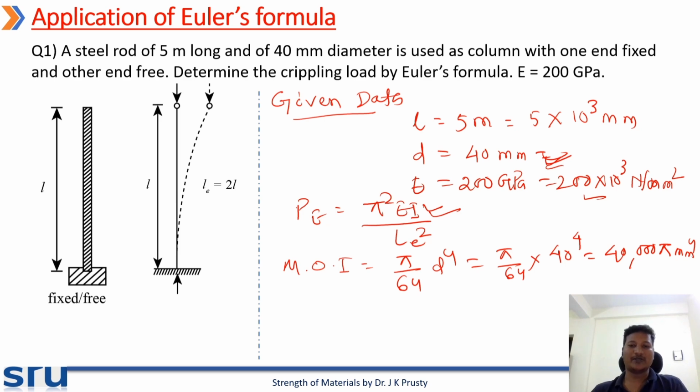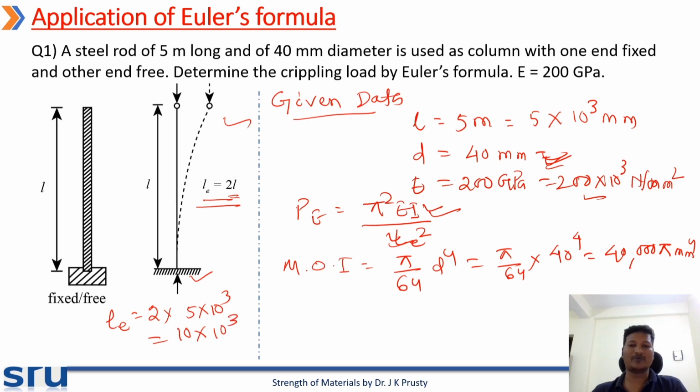So next is the equivalent length. Based on your end conditions, one end fixed and the other end free, LE is equal to 2L. So here LE is equal to 2 into L, where L is 5 into 10 to the power 3, which is nothing but 10 into 10 to the power 3.